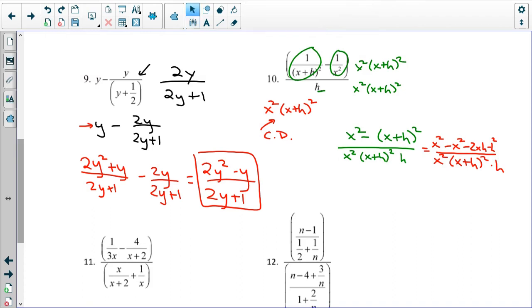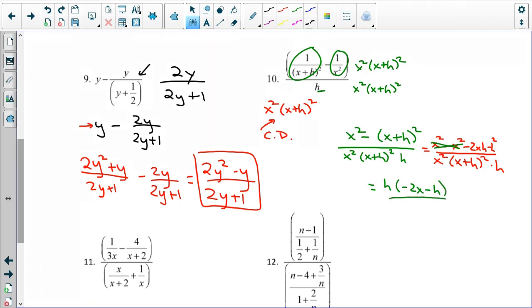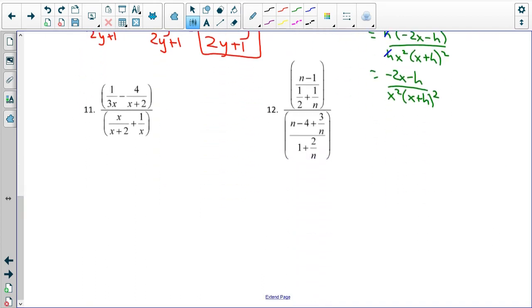Notice that the x squareds end up canceling here. Then I can factor out an h from the numerator, so I have negative 2x minus h. And then the denominator is h times x squared times x plus h squared. The h's end up canceling. So I end up with negative 2x minus h over x squared times x plus h squared. That's my final answer for number 8.